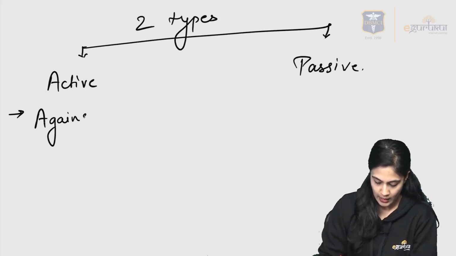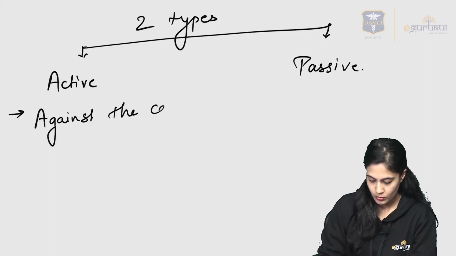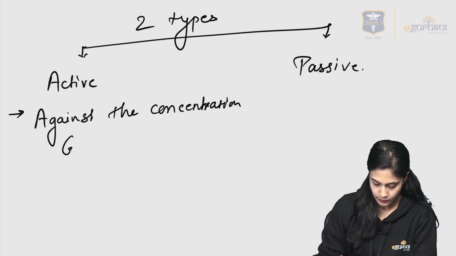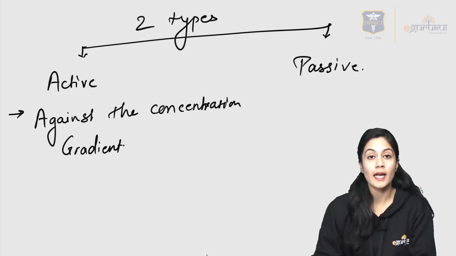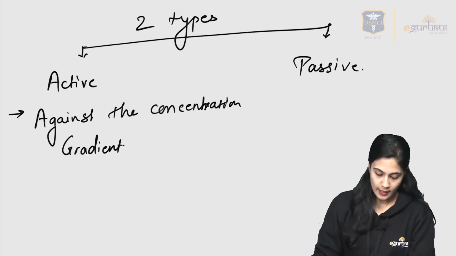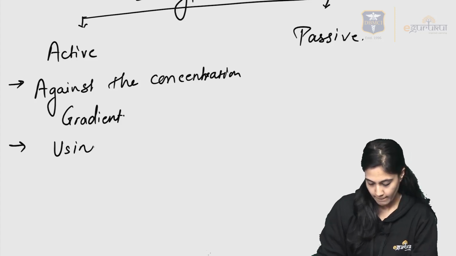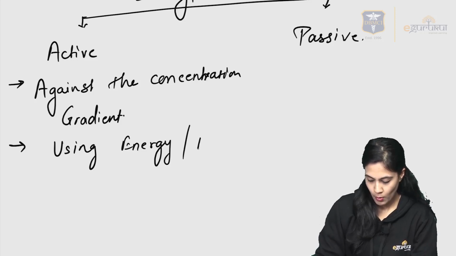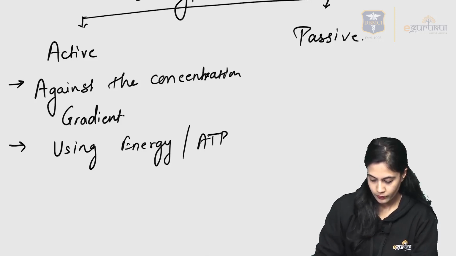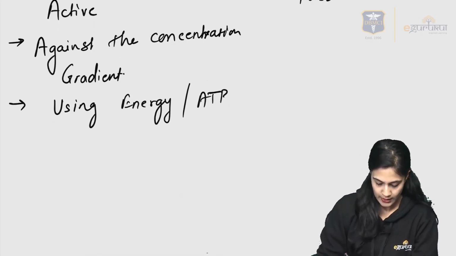Because it's going against the concentration gradient, and that's why it needs energy, right? So it is using energy, and energy in the form of ATP, adenosine triphosphate.